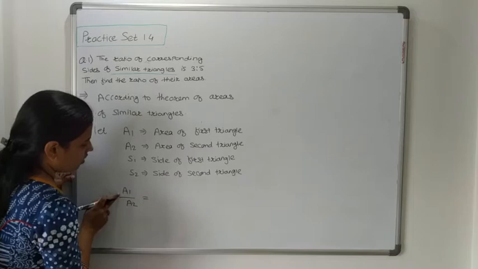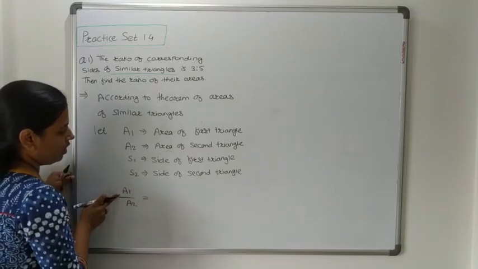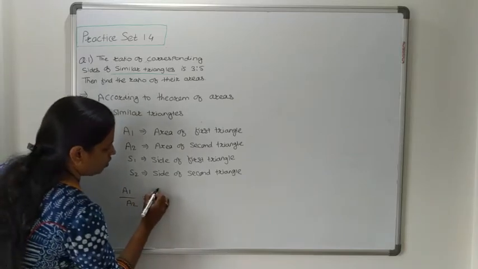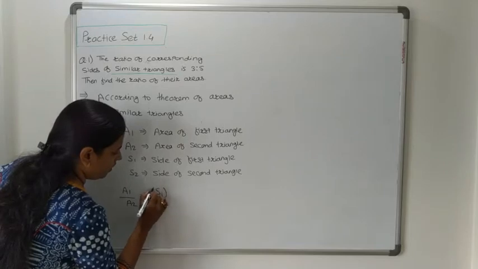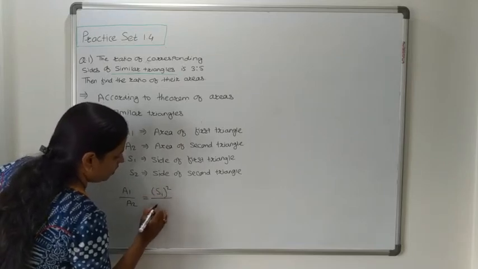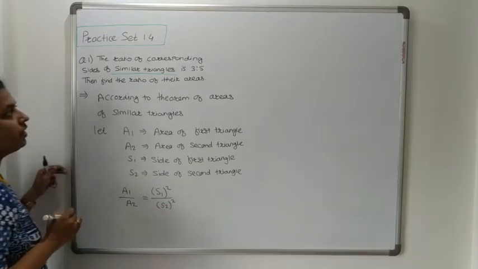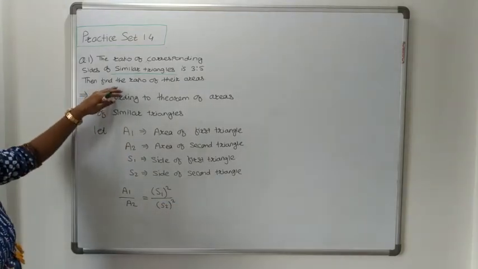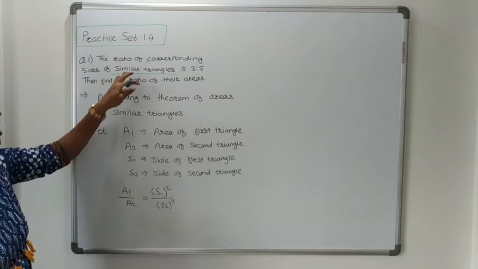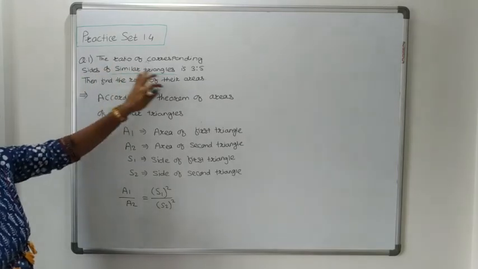The side of triangle 1 is S1. So S1 square upon S2 square. Clear?